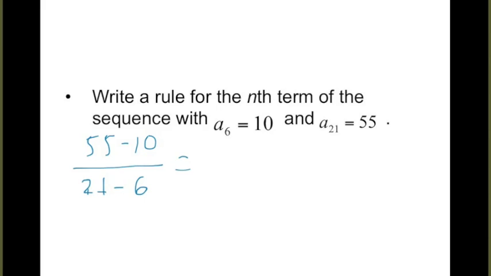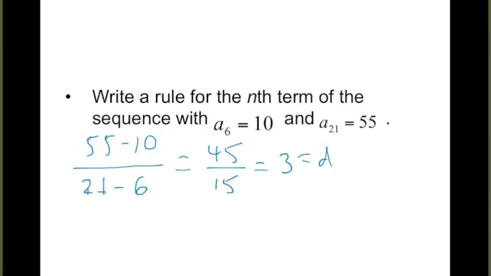So if we do that, 45 split up evenly over 15 terms tells us each term must be changing by 3. Okay? So from the 6th term to the 21st term, we gained 45. That was over 15 terms in line. And if we're doing exactly the same thing each time, we must have been adding 3. So that's our common difference.